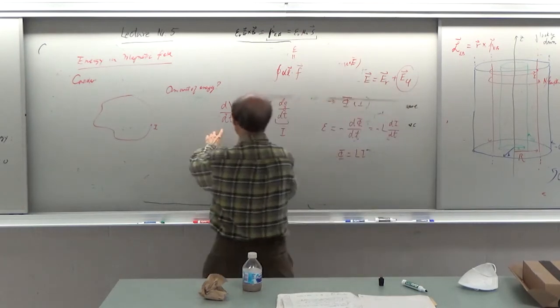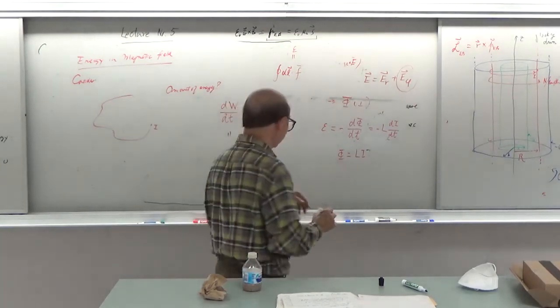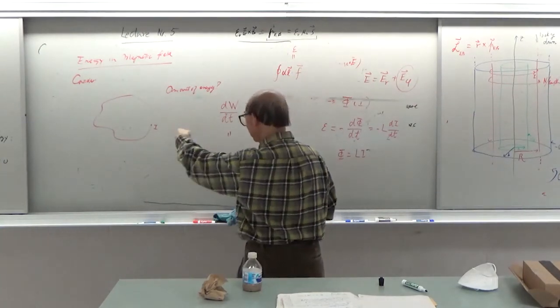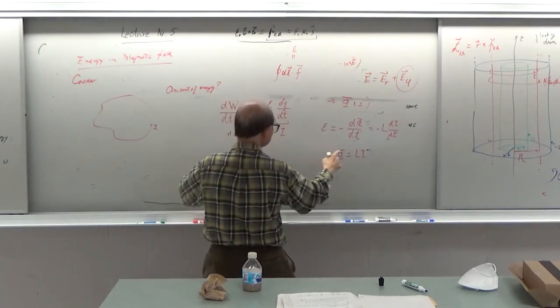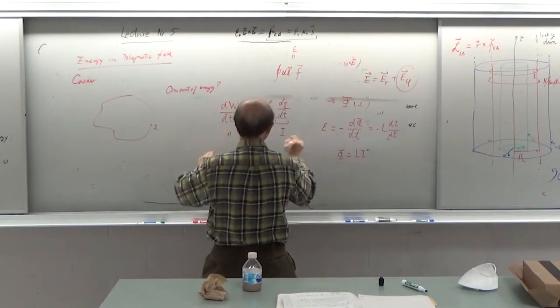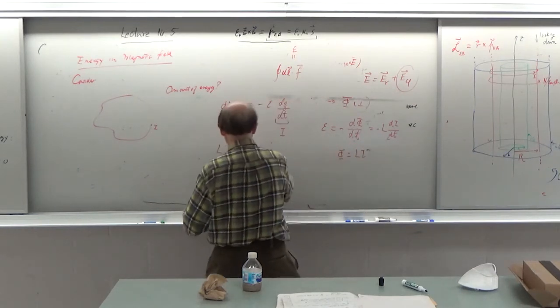So that the rate of work being done on the circuit, where the current I is given by, minus is plus, so it's L, there's an I here already, then dI/dt.